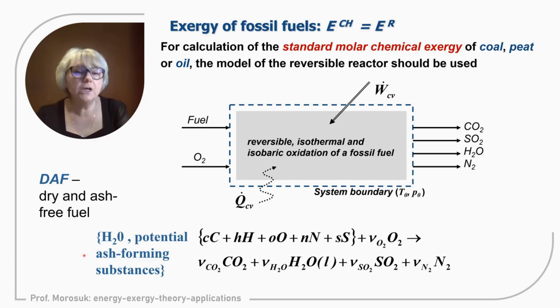So it means that the fuel we consider to calculate chemical exergy is not exactly the fuel used for the real combustion process, because humidity, water, and potential ash-forming substances are not included. Everything else will be the same. All substances will be in unmixed form, and we can calculate standard chemical exergy for each of these pure substances under the conditions that we discussed before.